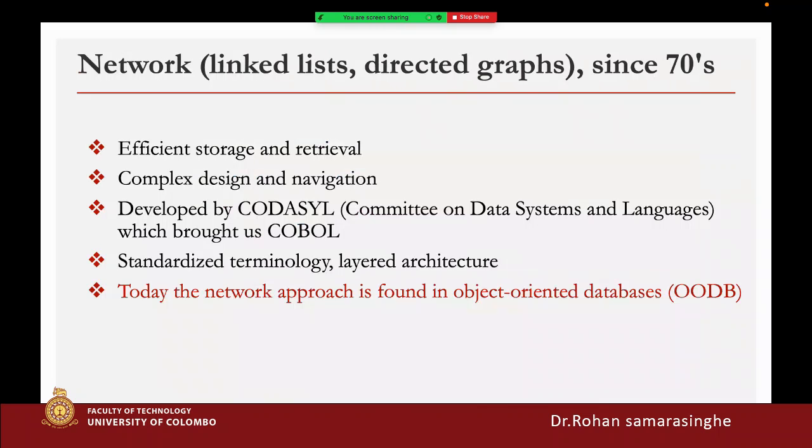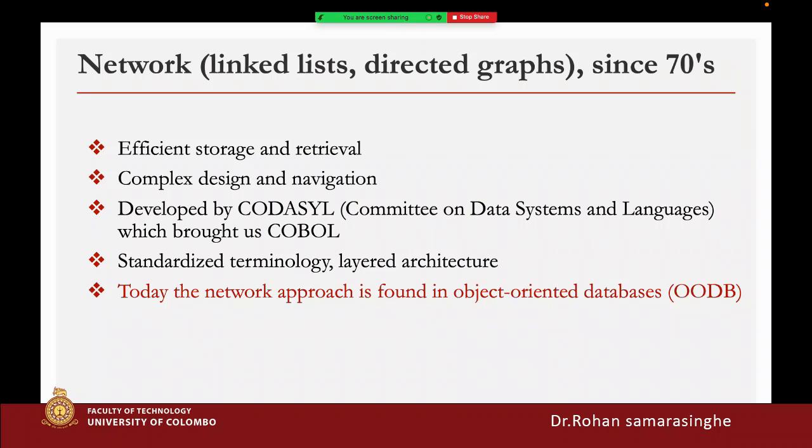It is like a linked list or a directed graph. This network model has efficient storage and retrieval, but complex design and navigation.